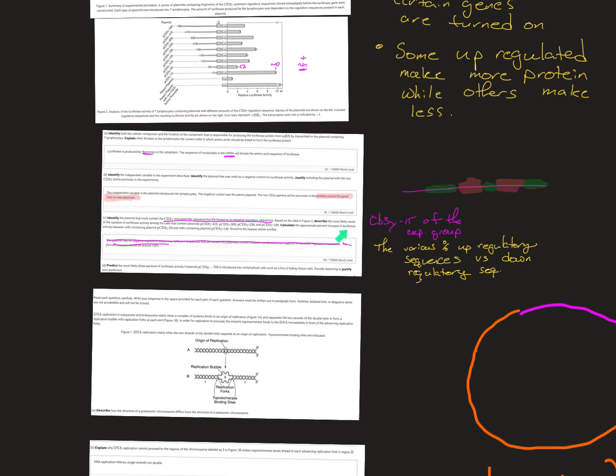Calculate the percent increase in luciferase activity between cells containing CD359 here, which is a little less than 2. Let's just say 2. It's not 2, but let's say 2. And 149 is about 4. So from 2 to 4, that's 100%, right? Somebody actually wrote 100%.